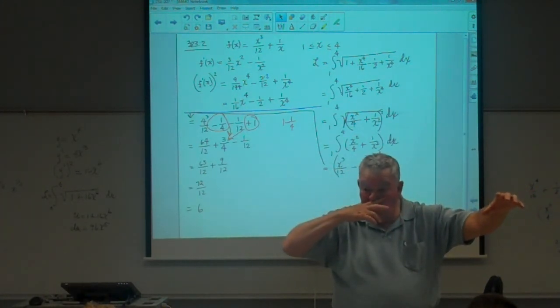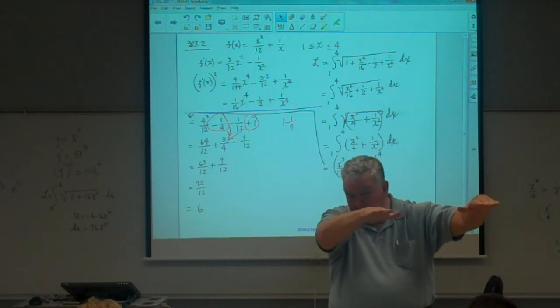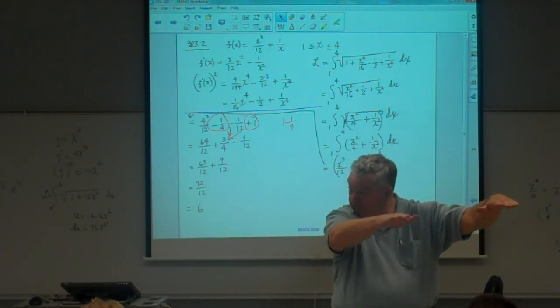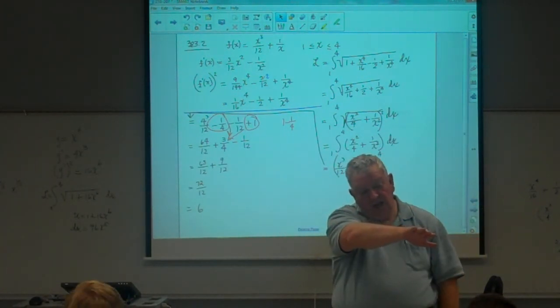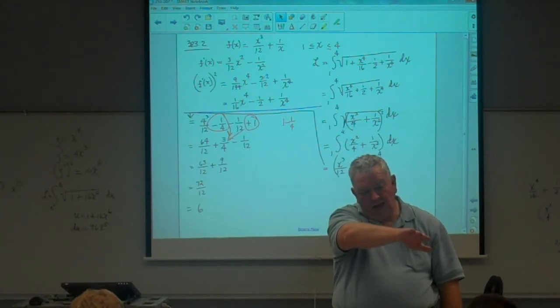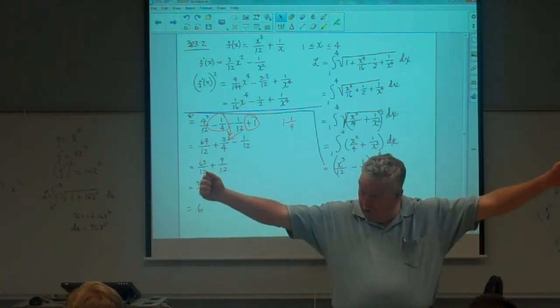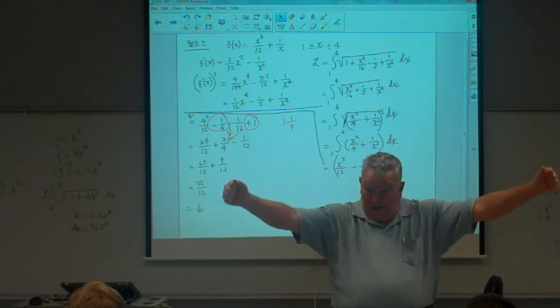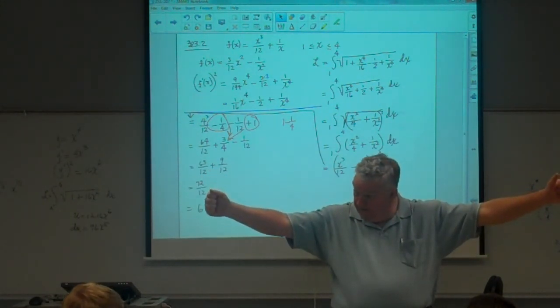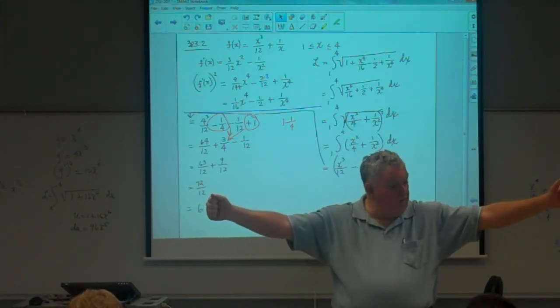But that surface area is not a plane, is it? It is sort of like a parabola that is stretched way out and then turned upside down. You get the idea? And that's another use for surface area.